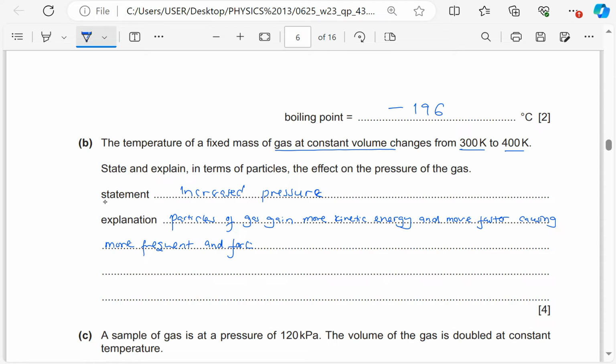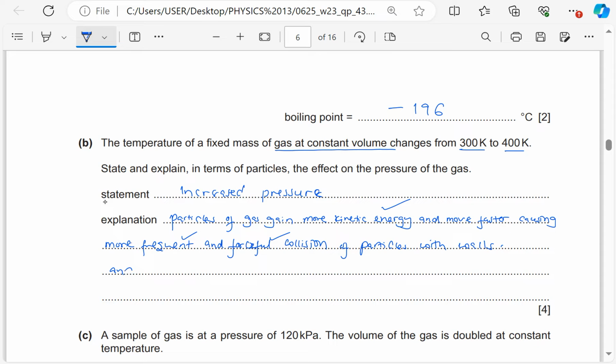In other words, they exert a greater force on the walls. So the particles gain more kinetic energy and move faster, causing more frequent and forceful collisions of the particles with the walls.